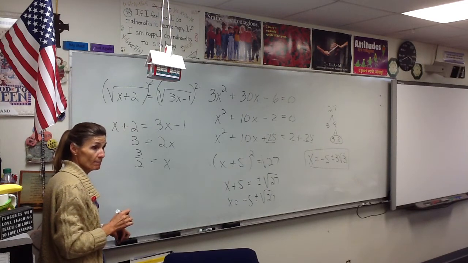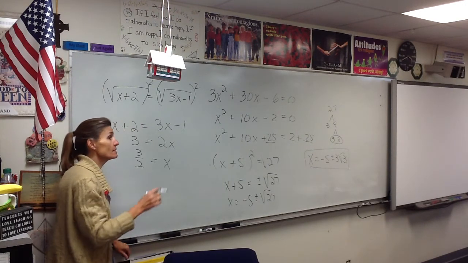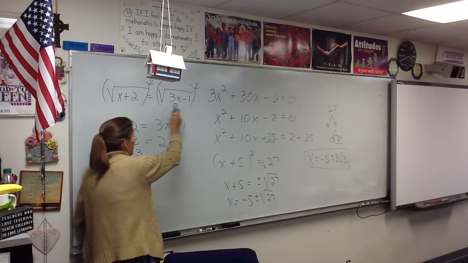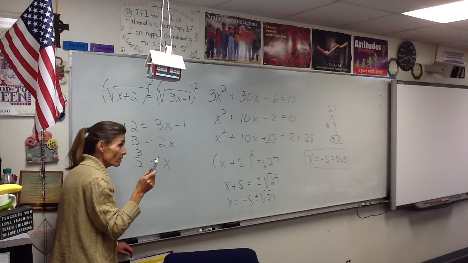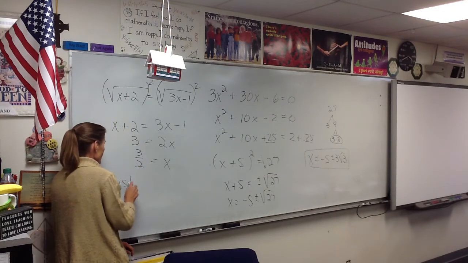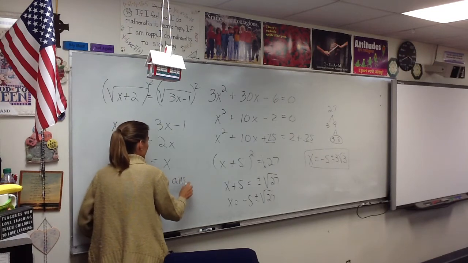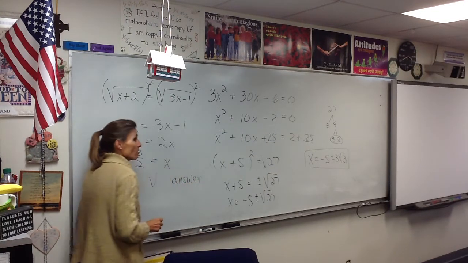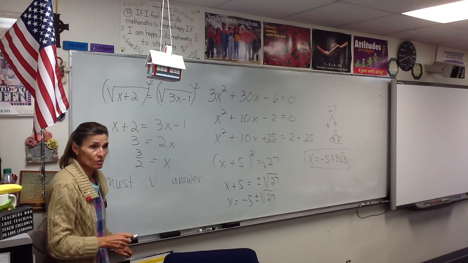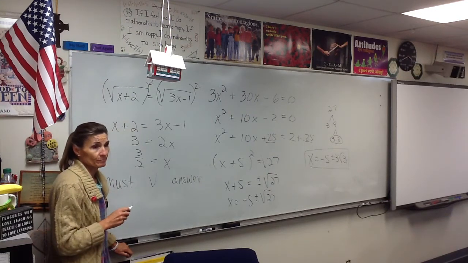You okay with that? Now, here is the bad news. When you do this operation, squaring both sides, you must check your answer. Because sometimes you'll get an answer that is bad. It doesn't work.